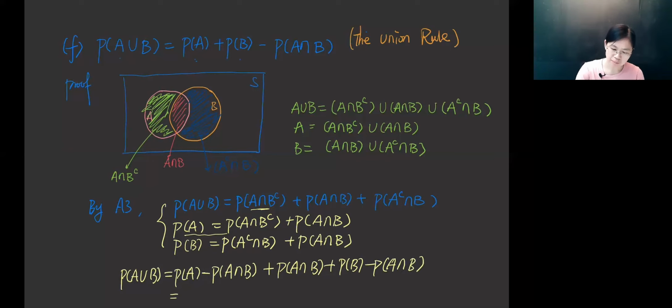And if we eliminate two of the P(A intersect B)'s, we arrive at the union rule. So this is consequence F of the three axioms of probability.